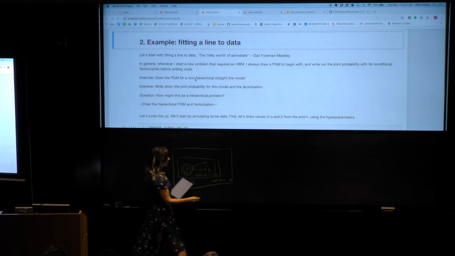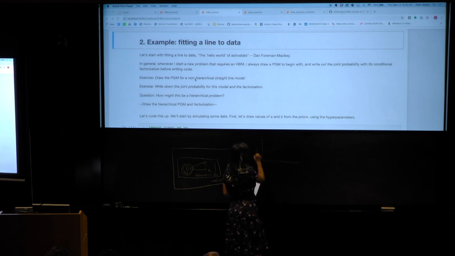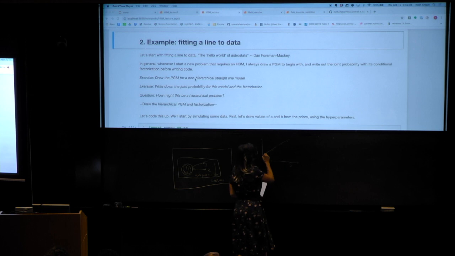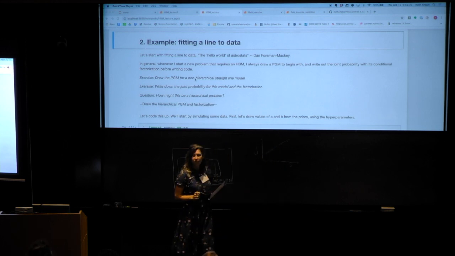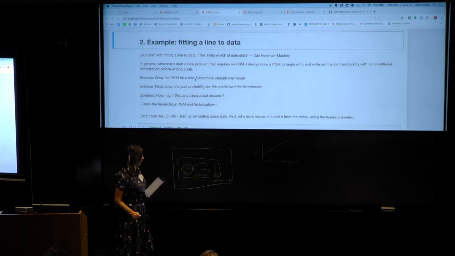Okay, so we just have a bunch of lines like this. They all have the same noise properties. Sigma y is the same for all of them.